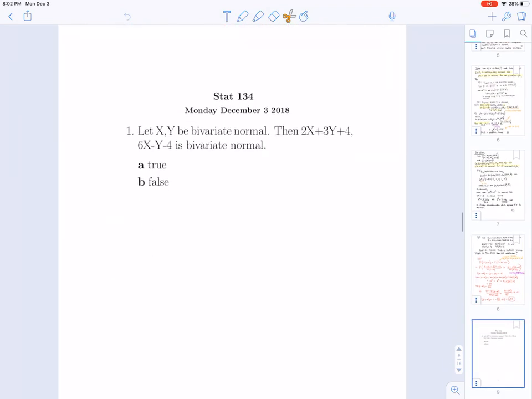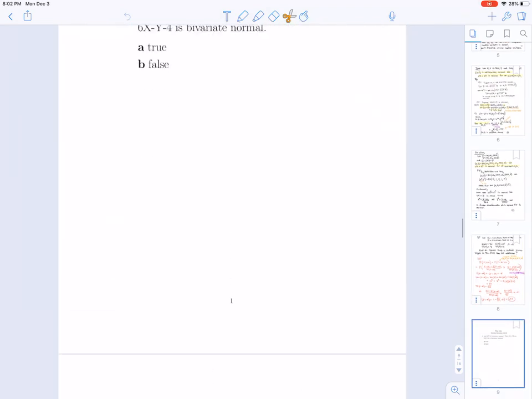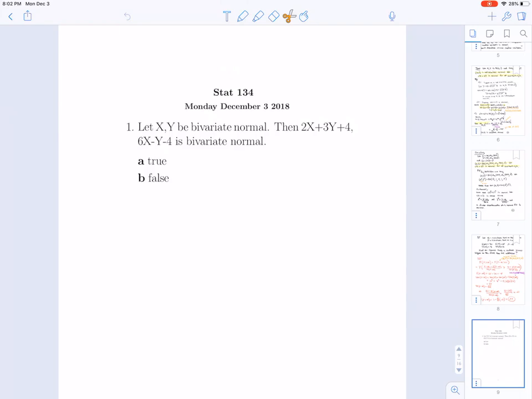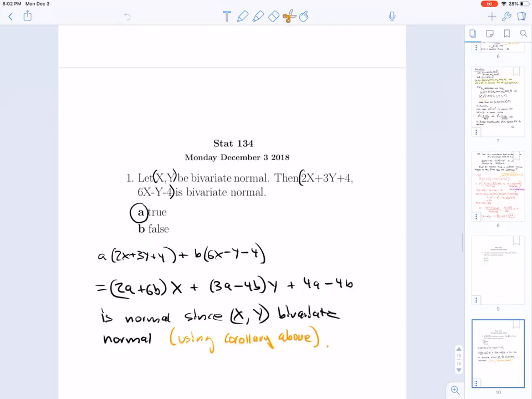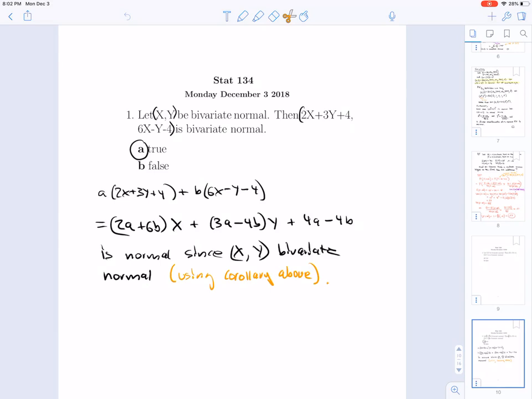We then did a concept test, and we had that it's true that if XY is bivariate normal, then 2X plus 3Y plus 4 and 6X minus Y minus 4 is bivariate normal. That follows because XY is bivariate normal, so we know that any linear combination of X and Y is normal.